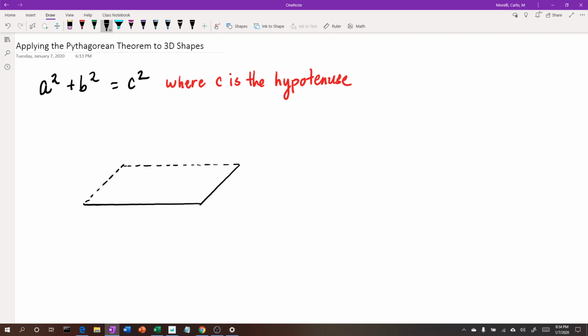So now let's draw this going up right here and right here. Well, I don't want to draw that line. I just want to draw the shape.